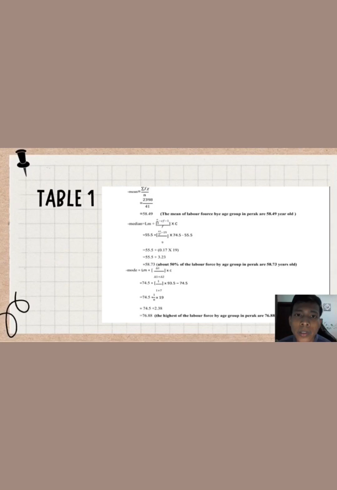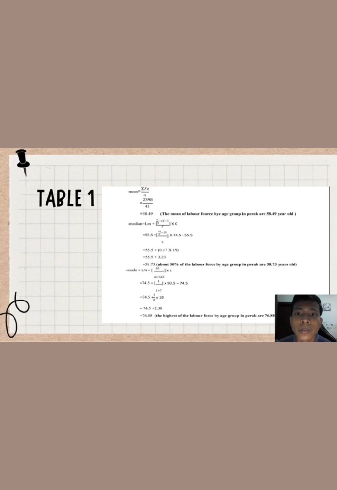We use the formula for the mean. The answer for the mean of the labor force by age group in Perak is 58.49 years old.